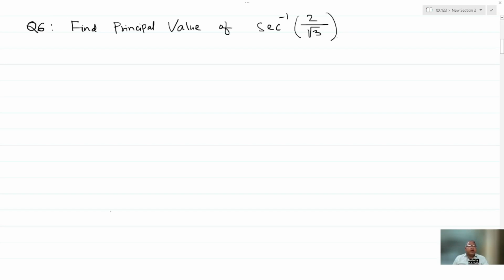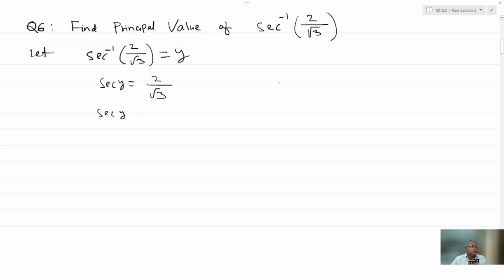Number 6. Find the principal value of sec inverse of 2 upon root 3. Step number 1 is as before: let sec inverse of 2 upon root 3 equal y. Therefore, sec y equals 2 upon root 3.